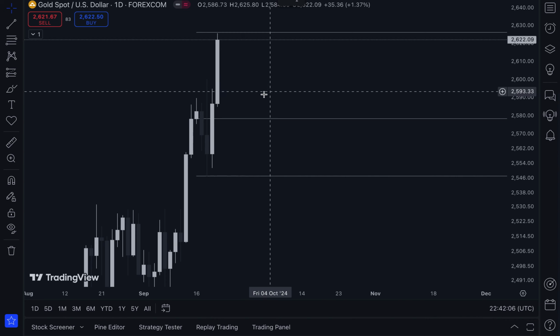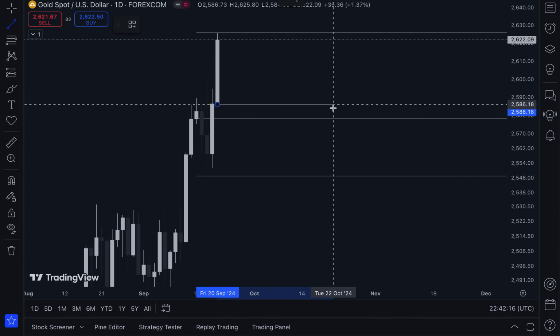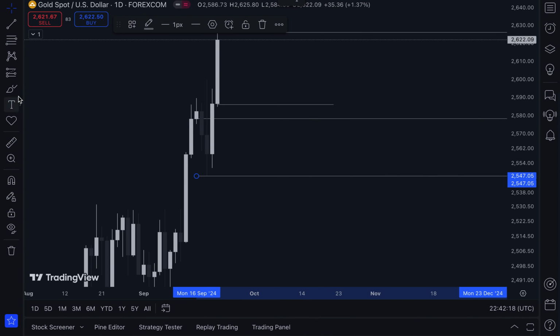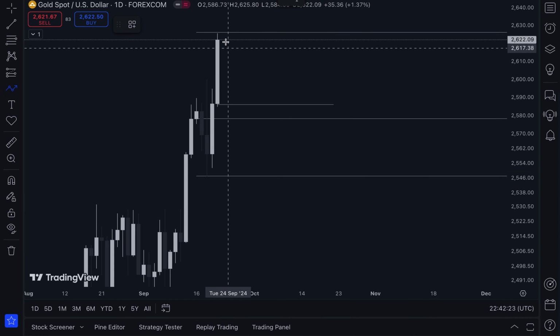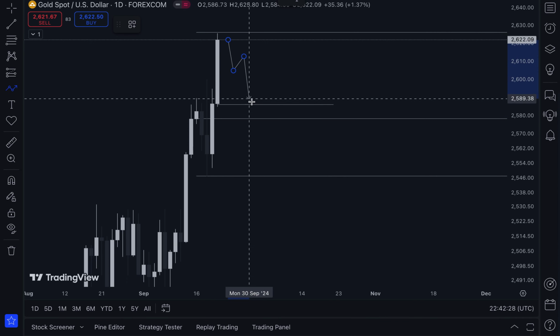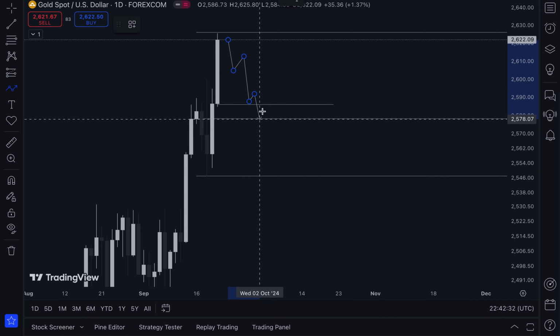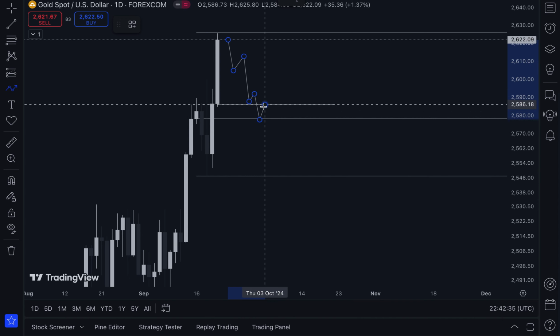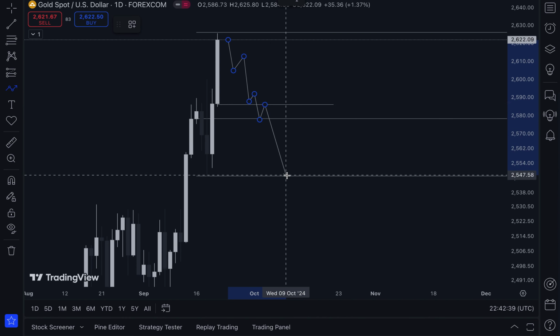Now, what are we expecting on Monday? In my case, I would say this easy. If price happens to move in any way from where it is now all the way down to this area and then breaks the area, retests the area, I would sell it off to the weekly low.